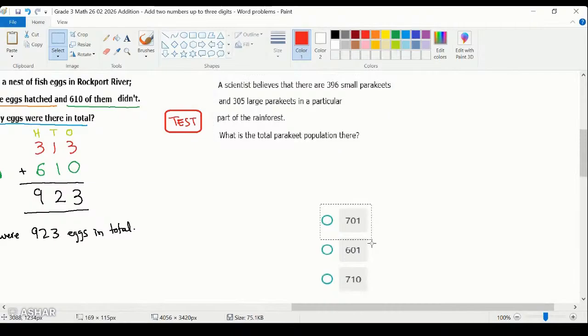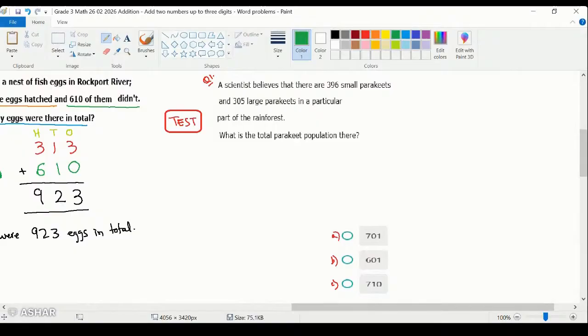Either they would be 701, 601, or 710. So for our first question, these are the options A, B, and C. A scientist believes there are 396 small sized parakeets and 305 large sized. What is the total population?